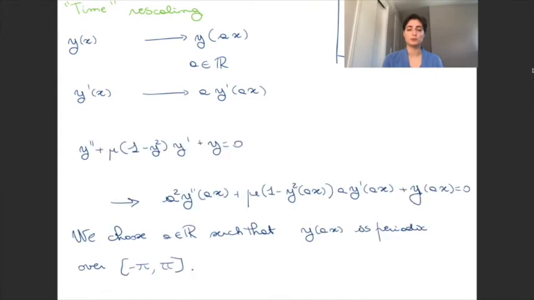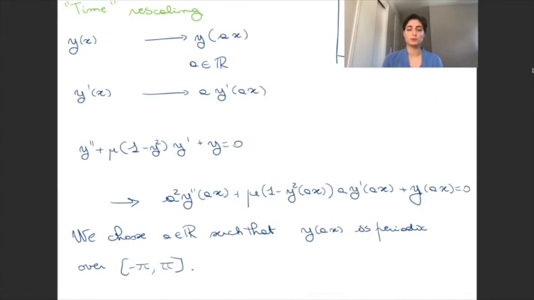So now we replace our van der Pol equation with y second plus mu times 1 minus y squared times y prime plus y equals 0, and we replace y second by a squared y second computed at ax. We replace y to the power 2 by y to the power 2 computed at ax, and y prime we replace by a y prime.